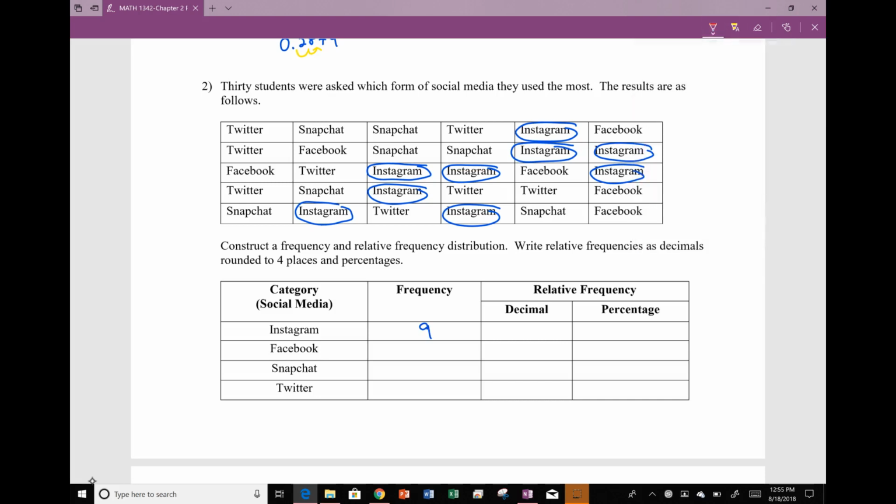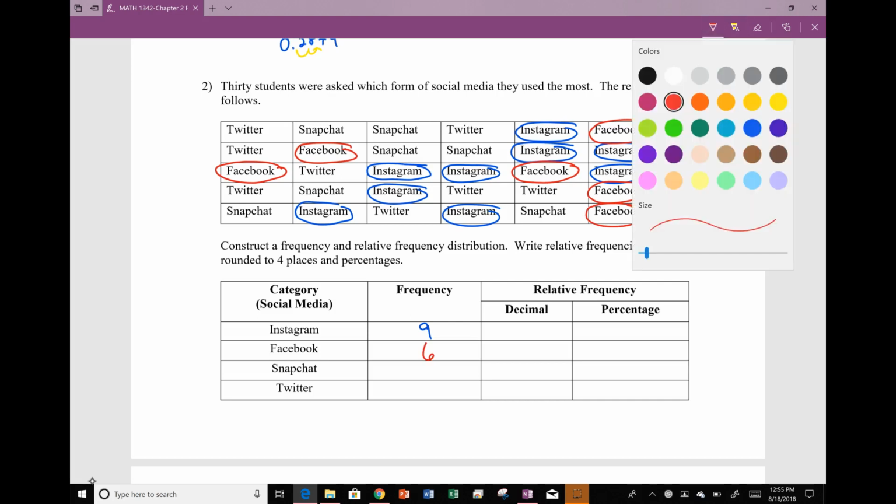To make it easier on myself, I'm going to change colors. So for Facebook, here's 1, 2, 3, 4, 5, 6 users use Facebook.